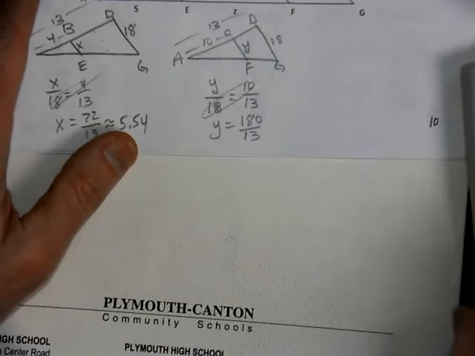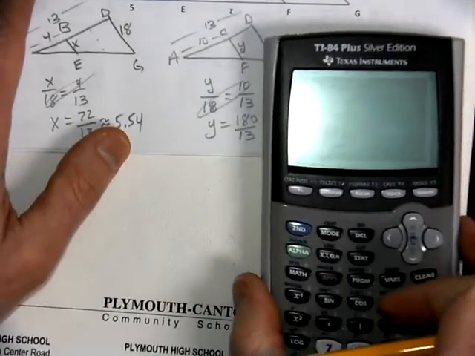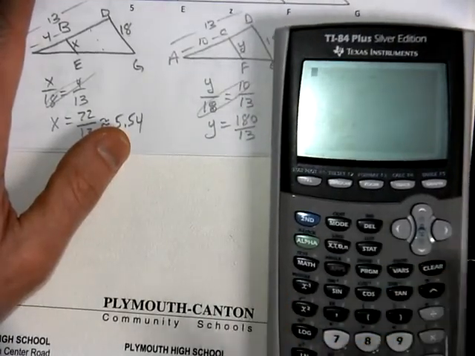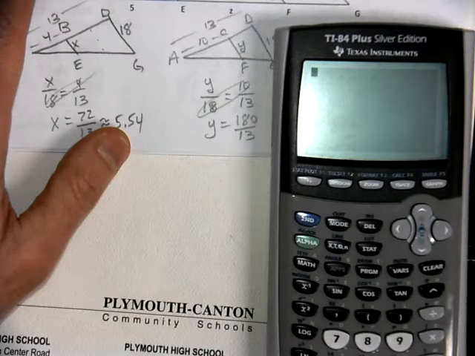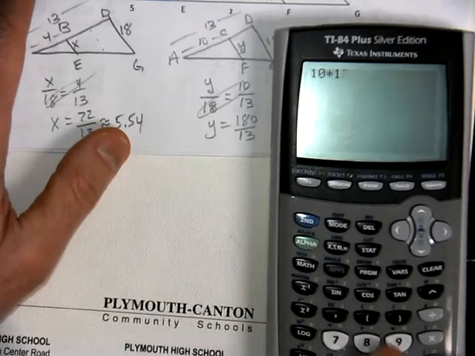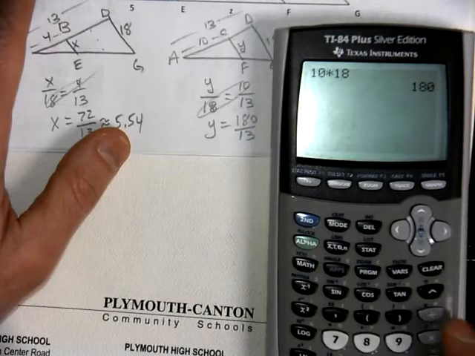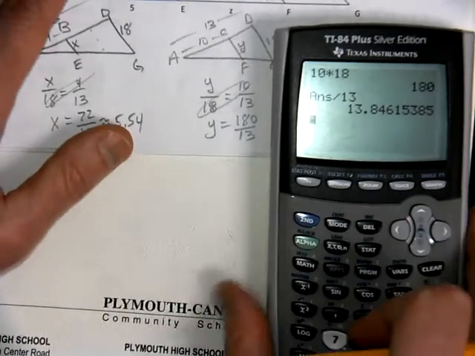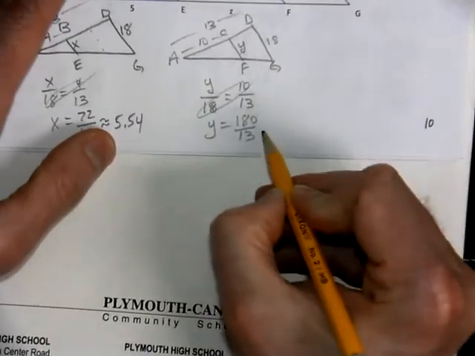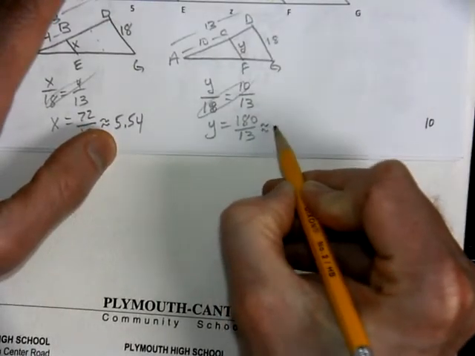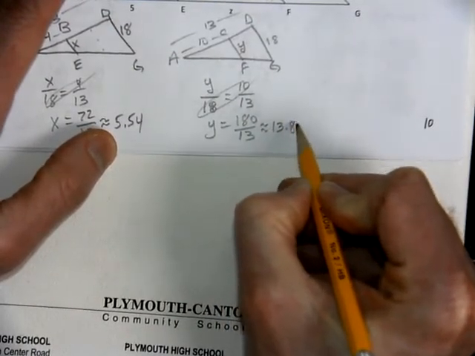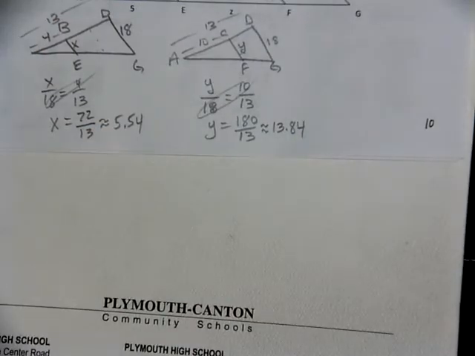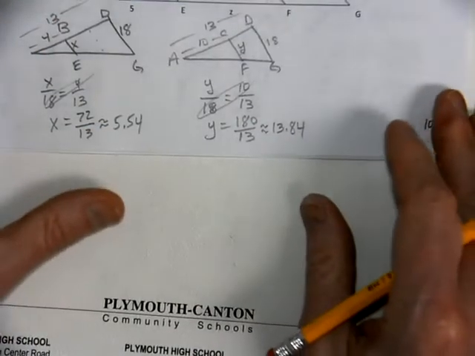I really only have to divide one direction because my 13 is already on the bottom. So 10 times 18, we know that's 180, and we're going to divide that by 13. We get 13.84. So that's our y value.